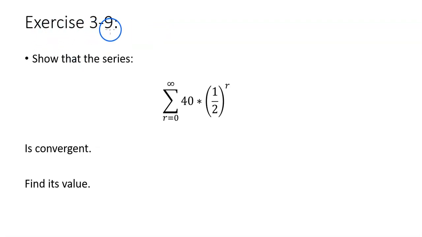So exercise 3.9: show that the series, the sum from r equals 0 to infinity of 40 times 1 over 2 to the power of r, is convergent, and find its value.